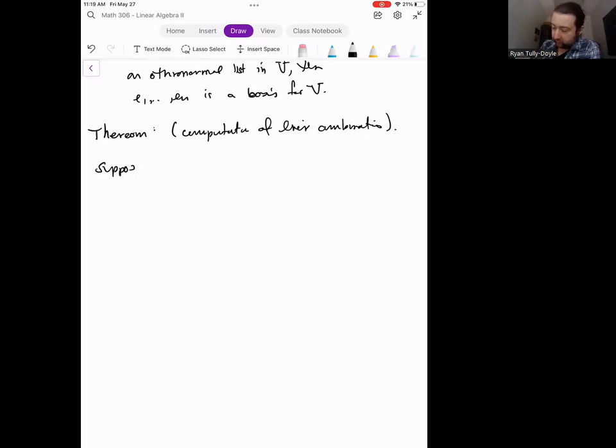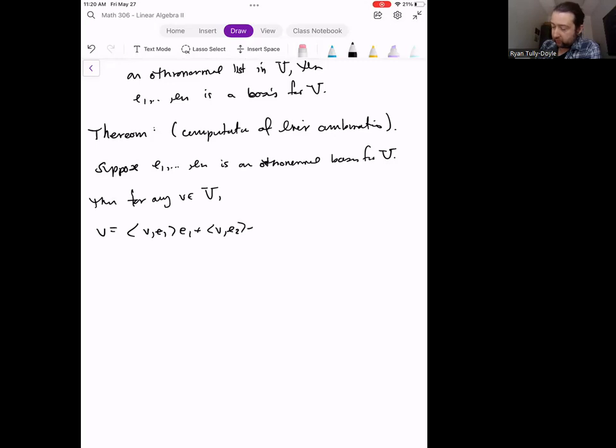So we suppose E1 up to En is an orthonormal basis for V. Then for any V in the vector space, V is equal to the inner product of V against E1 times E1, plus the inner product of V against E2 times E2, out to the inner product of V against En times En.